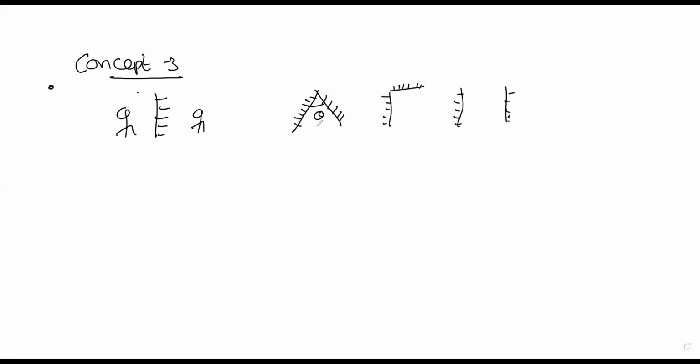Based on this theta value, the number of images will vary. It is not that one mirror gives one image and two mirrors give two images; that would be wrong. When you take two plane mirrors, the number of images formed is based on theta. That is what we are going to learn in concept 3.